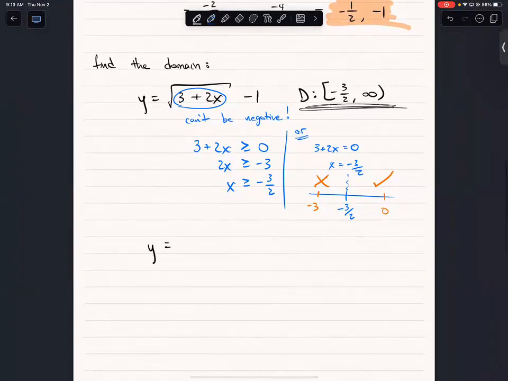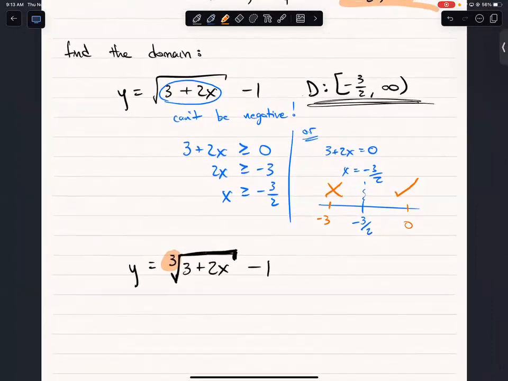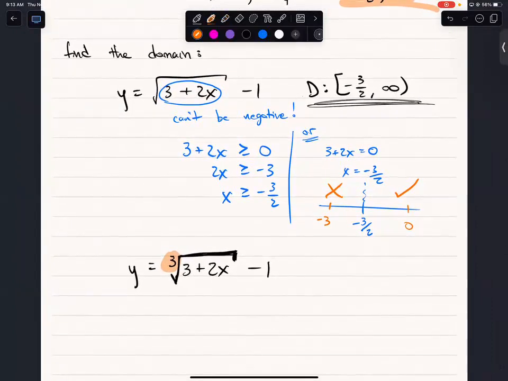How's that different for a cube root? Yeah.